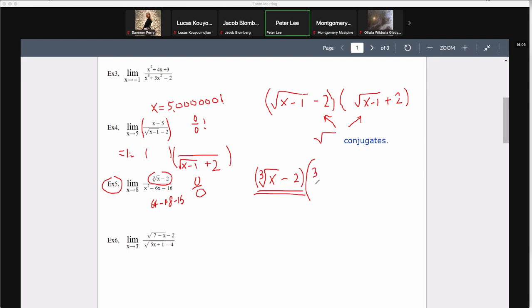The cubic conjugate of this is going to be cube root of x squared, plus 2 times the cube root of x, and then plus 4.